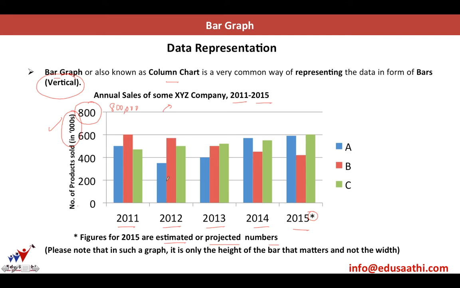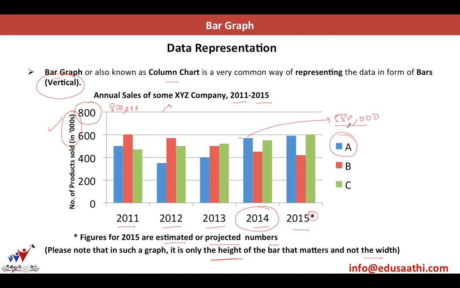One thing you need to note in these kinds of graphs is that only the height of the graph matters and not the width. So if I have to decode this data, it means that this product A in the year 2014, this blue line here, sold approximately 580,000 products.